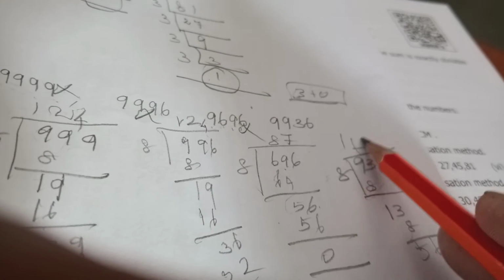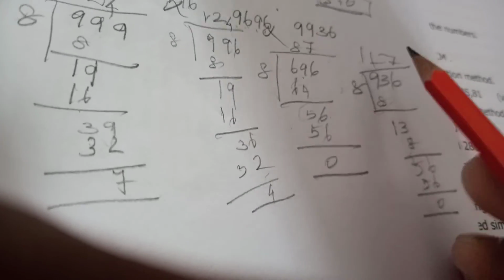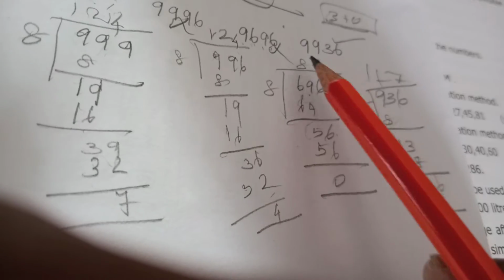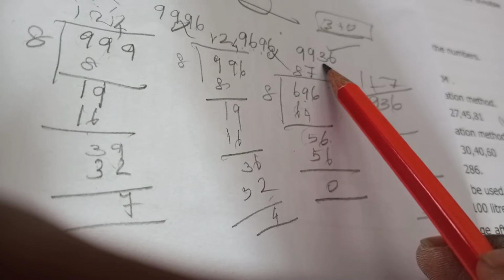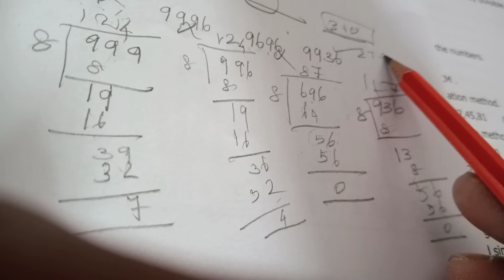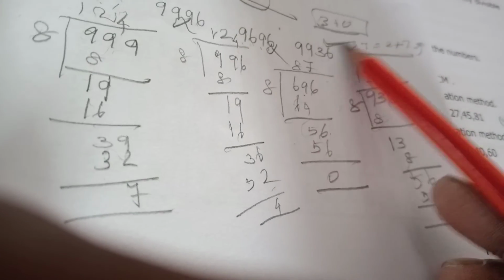So 7 8s are 56 is the answer. So 0. So it is divisible by 8th table. 9th table when we see, we can add it. 18 plus 3 is 21 plus 6 is 27. So 27, that is equal to 2 plus 7 is equal to 9. So it is divisible by 9.